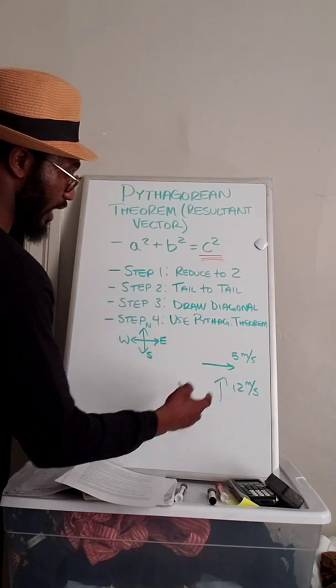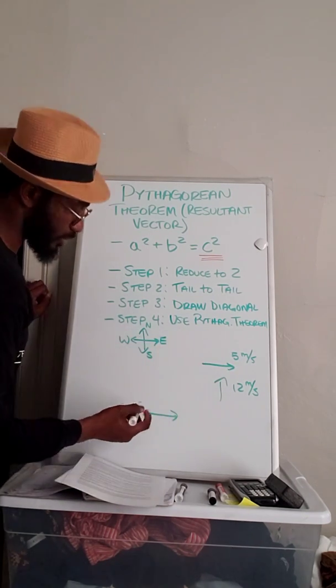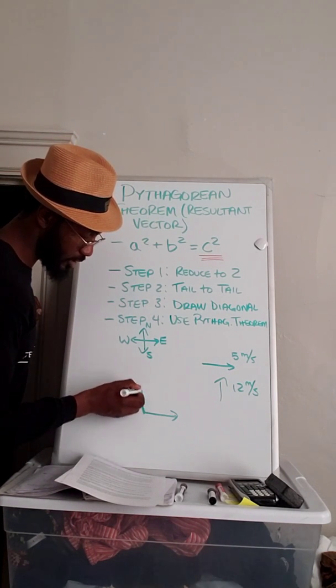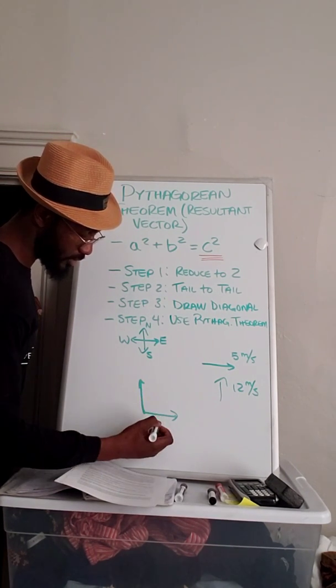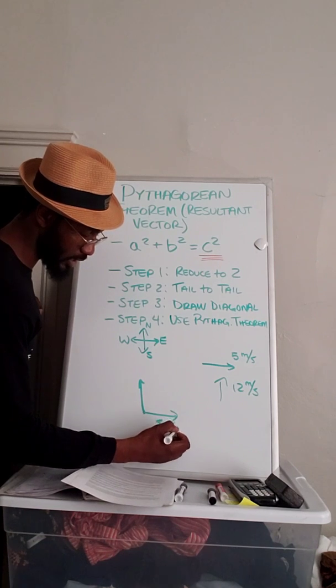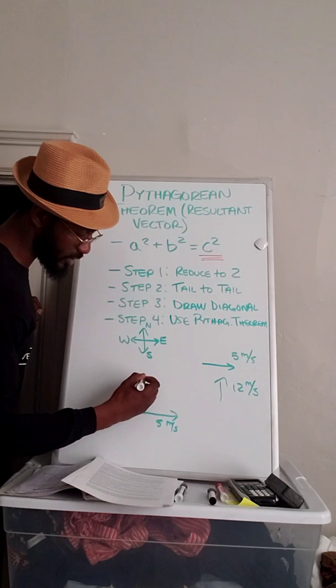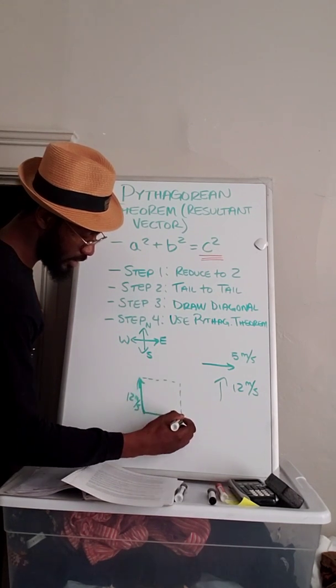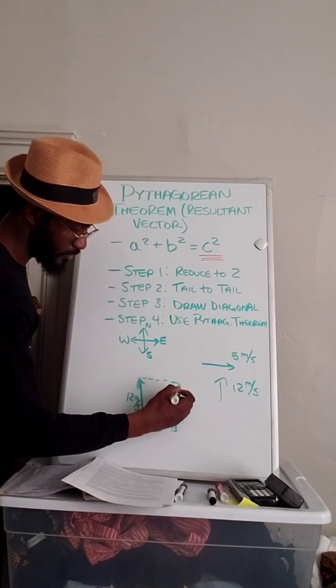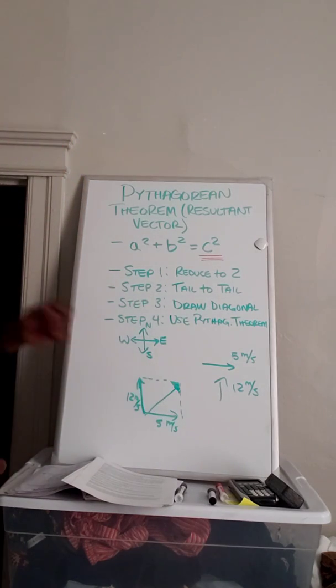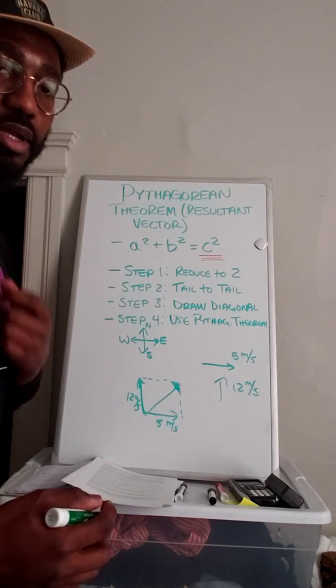So I know one is going that way and the other's going up. So I'm going to put the tail here and draw the rest of it going up. Okay, so 5 meters per second and 12 meters per second. All right, now I finished making my box. I draw my diagonal, and that's the direction that the resultant vector is going to go.